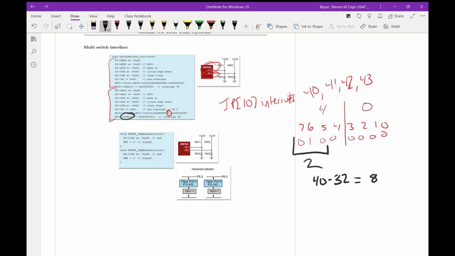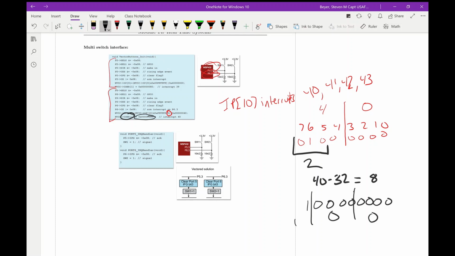And I'm going to set bit 8, which if I take a look at that, 8, 7, 6, 5, 4, 3, 2, 1, 0, 1, 2, 3, 4, 5, 6, 7, 8. That is going to be 0, 0, 1. So that's why here for ISER1 we're setting 0, 0, 0, 0, 1, 0, 0.